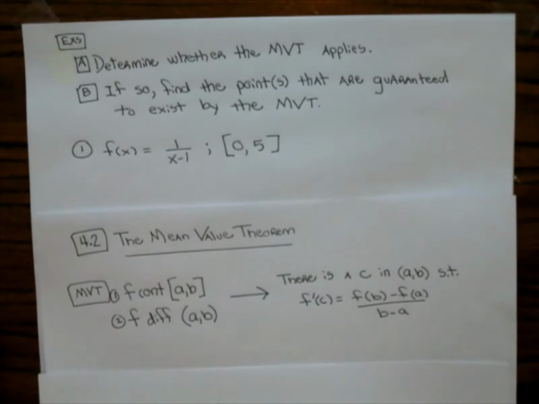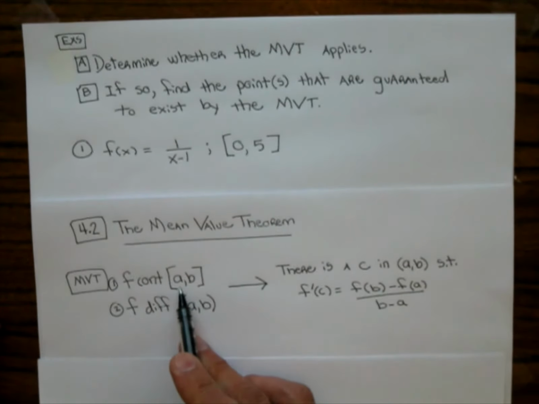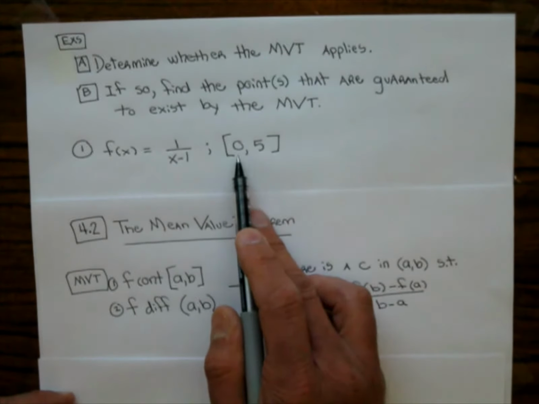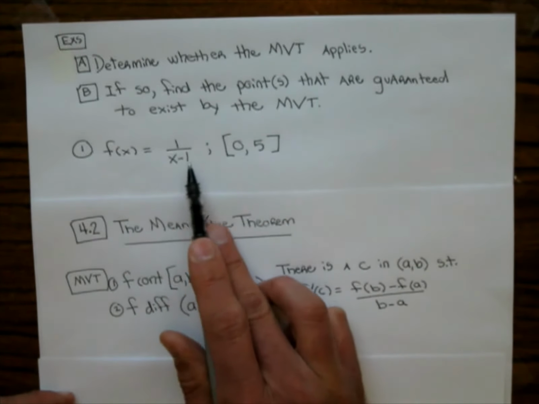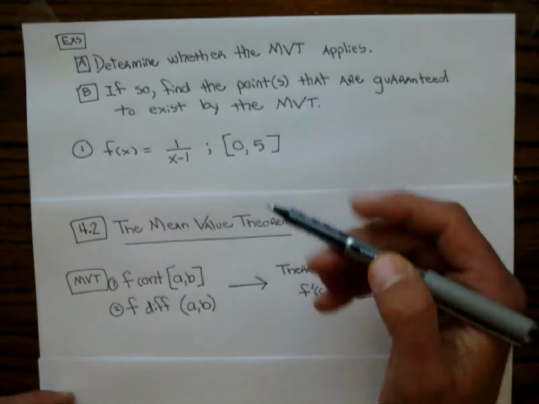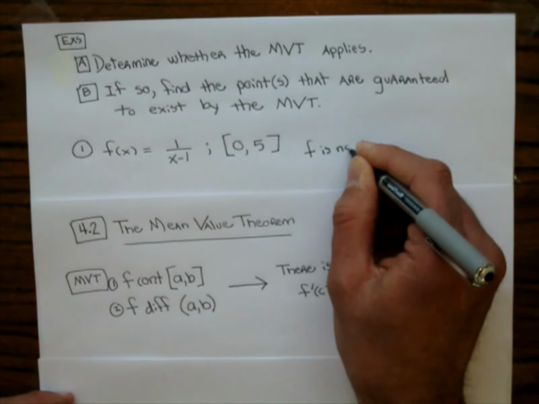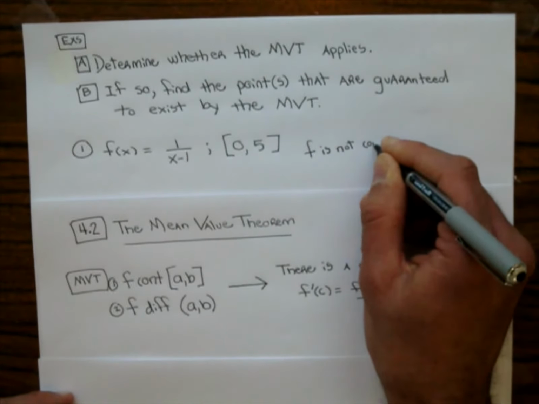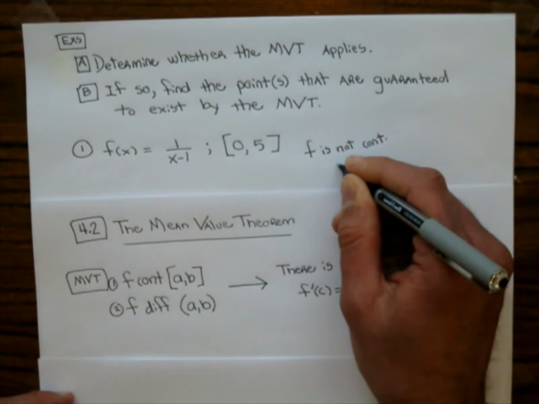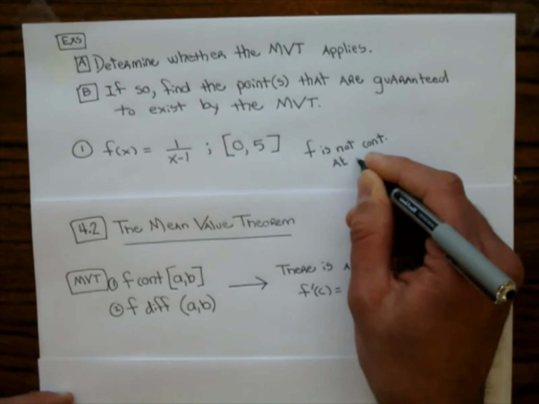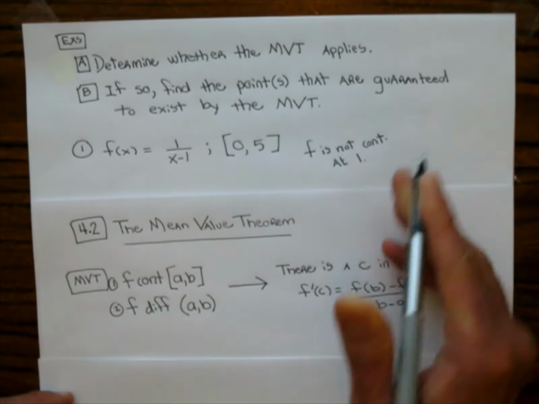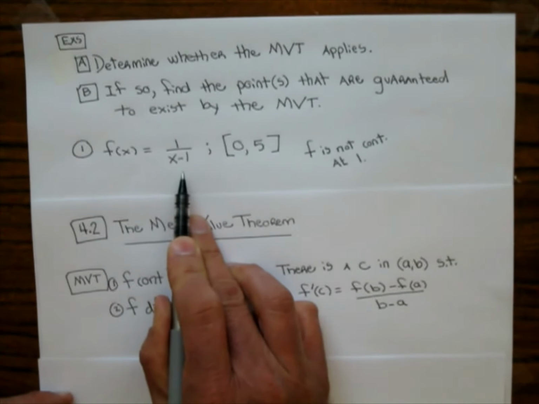So here we go. The mean value theorem says f is continuous on 0 to 5. Is f continuous there? No. F is not continuous, in particular at time 1. So look, 1 blows up that function.